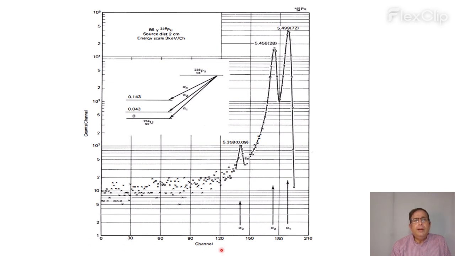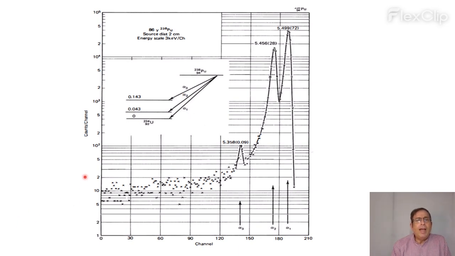Here in this figure, I'm showing a process in which plutonium-238 converts into uranium-234 through alpha decay, and there are three different energy levels. Alpha particles of three different energies come out because plutonium converts into uranium, and there are three levels of uranium into which the plutonium gets converted, and in each level an alpha particle of different energy is produced.